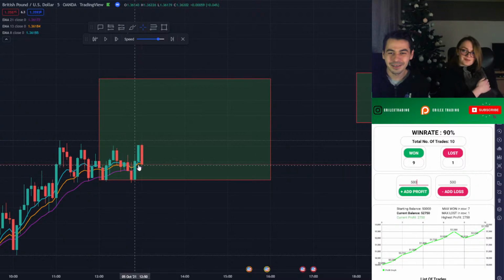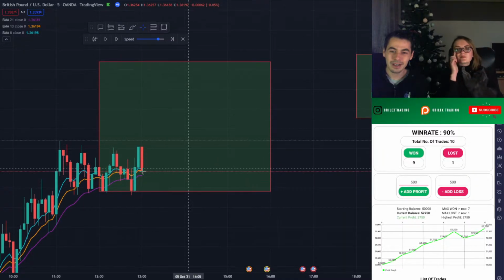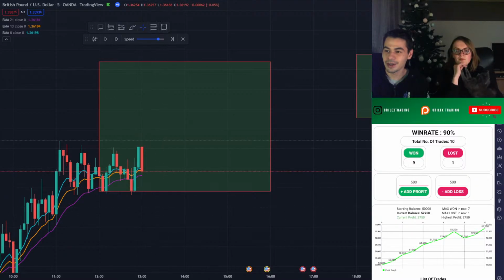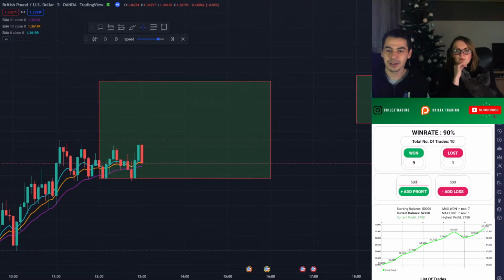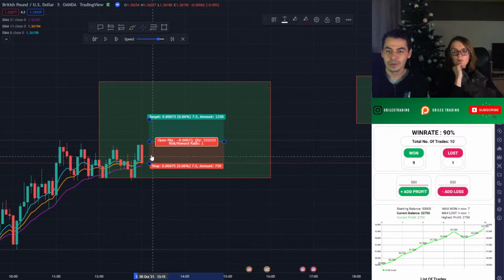This is a kind of blurry spot, I have to say, but it's a valid entry because this candle doesn't touch any of the EMAs and we have a valid retest here. So let's set another position right on top of this candle. And the stop loss will be just below this one.